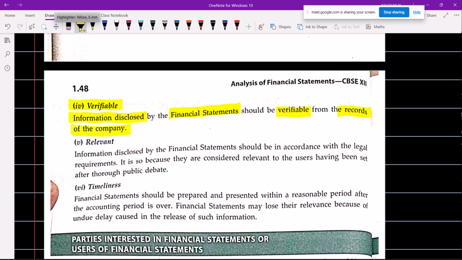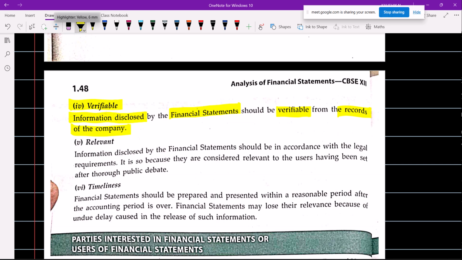We record all transactions in the books of accounts based on source documents, and without analyzing the source document we will not prepare any entry or any other statements. Whether it is a balance sheet, a statement of P&L, notes to accounts or a cash flow statement, ensure that you have verified the records of the company.